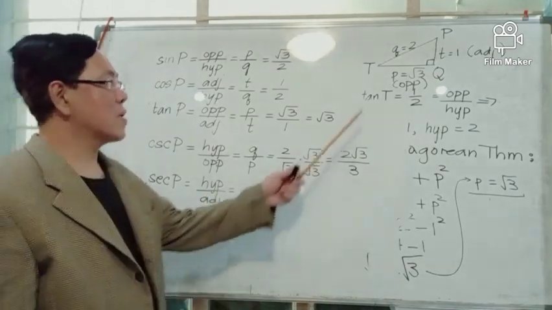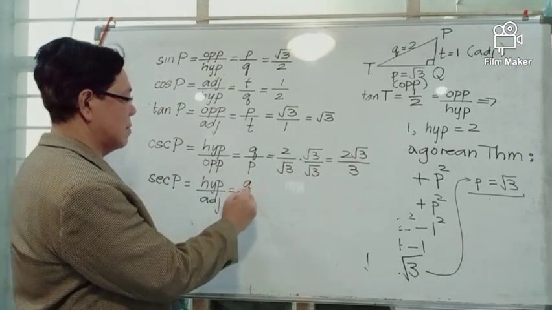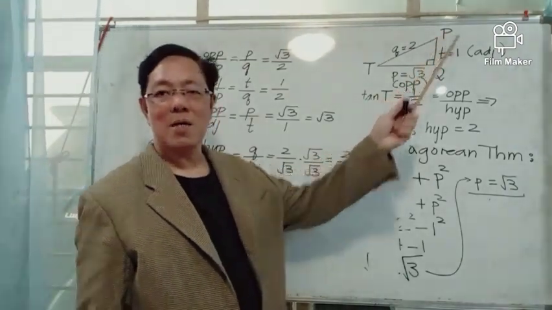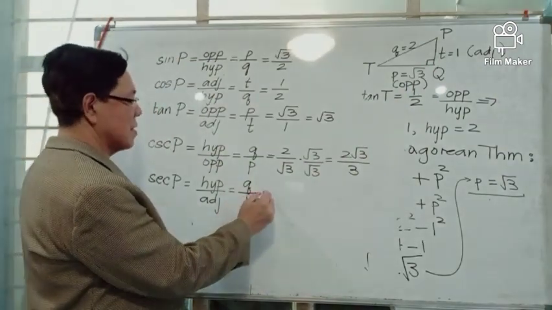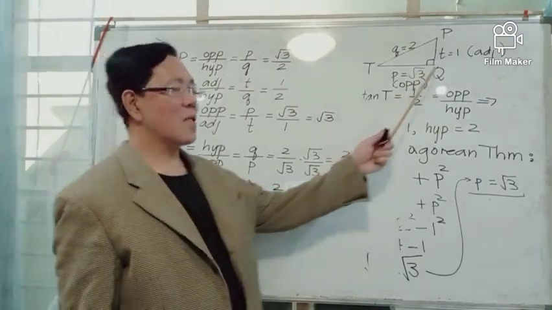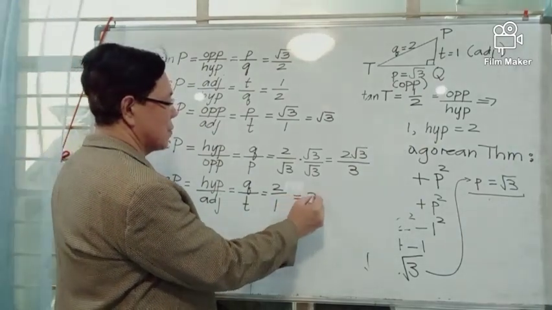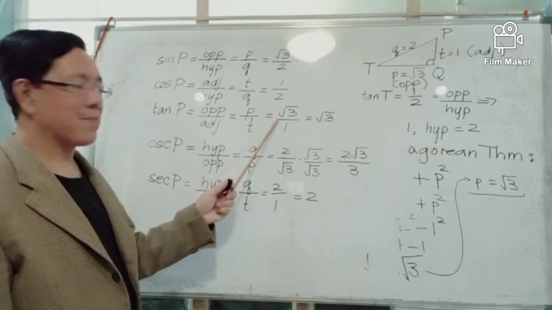In our example, the hypotenuse is q, and adjacent to acute angle P is what? t, small t. The hypotenuse is 2, small t is 1, so it's 2 over 1, or 2.